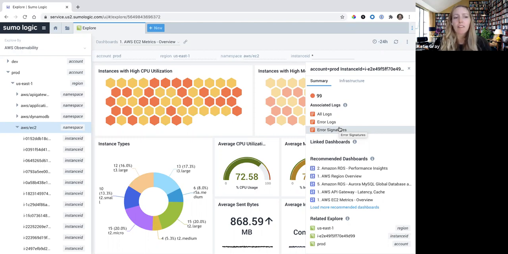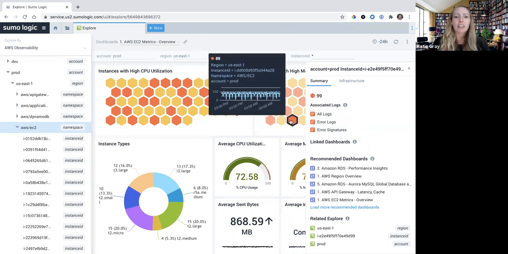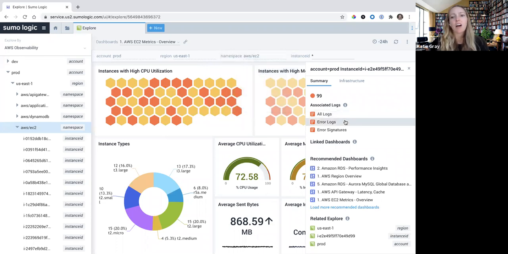I'll talk about this after the demo, but this has a lot to do with how we collect and ingest data into our platform. As the data is ingested, we make sure to tag that data in a consistent manner so that we can pivot from the metric that we're alerting on here, which is high CPU or memory utilization, to the logs associated with that particular entity.